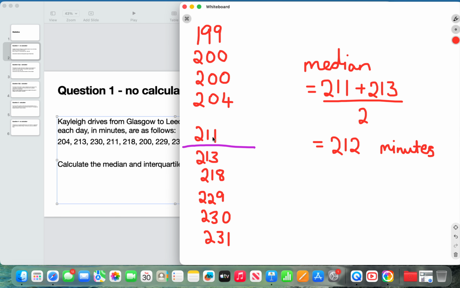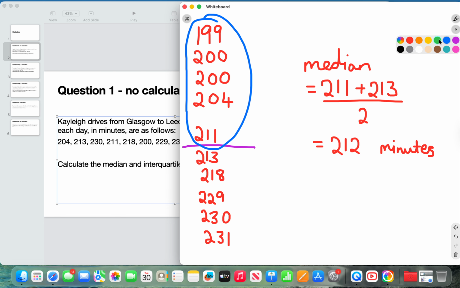Essentially, we have to find the median of these numbers. Now we have an odd number of numbers, so we can take this number, and there's 2 above and 2 below. So the lower quartile, or the median of this half, is 200, and LQ is lower quartile.